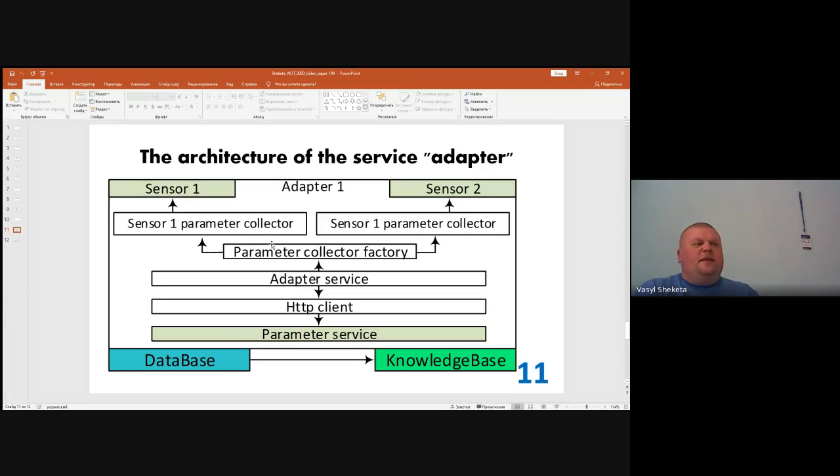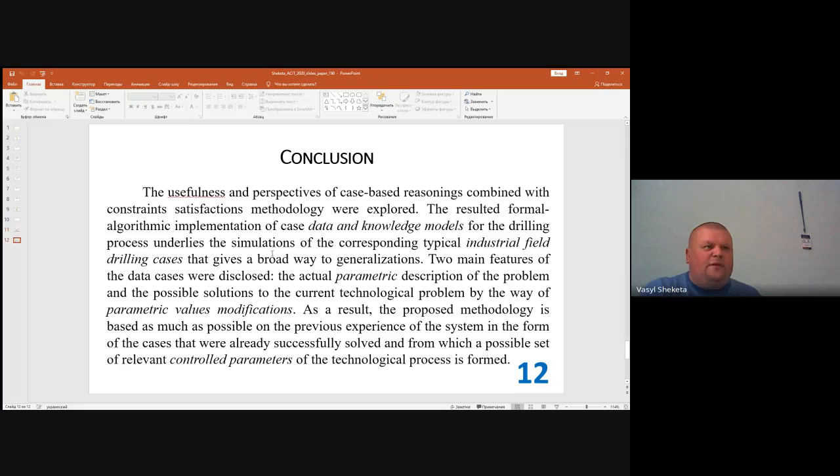And here we presented the architecture of a service adapter that allows moving from the database level to the knowledge-based level with a developed parameter service. So we presented samples of case-based reasoning combined with constraint satisfaction, methodological aspects that allow combining data and knowledge models in the industrial field of well drilling. Thank you for your attention.